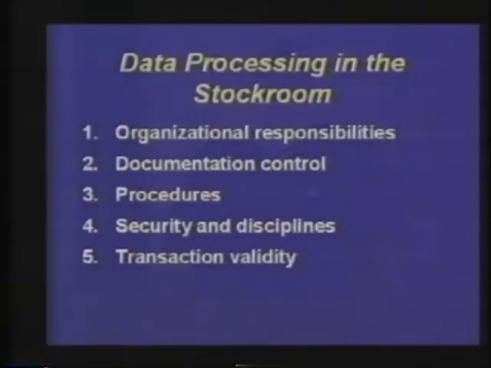Transaction validity is very simple. We have talked about the 5 transactions in the storeroom. Associated with the type of transaction is who actually performed the transaction. And here we would reference, let's say, the employee badge number.